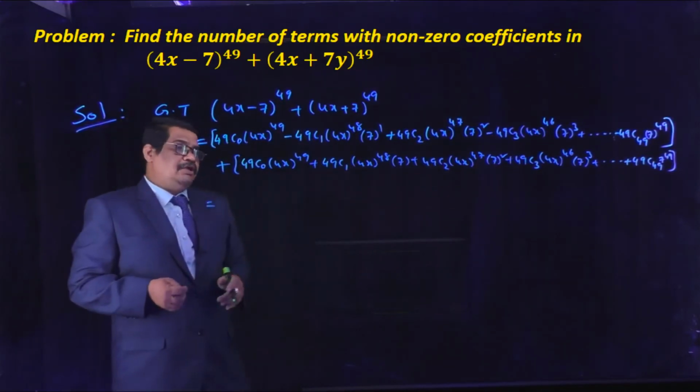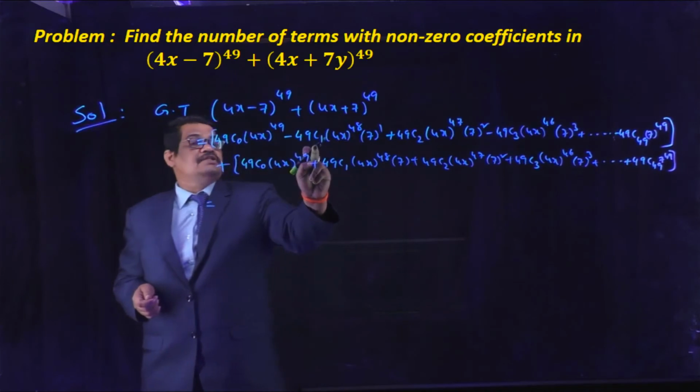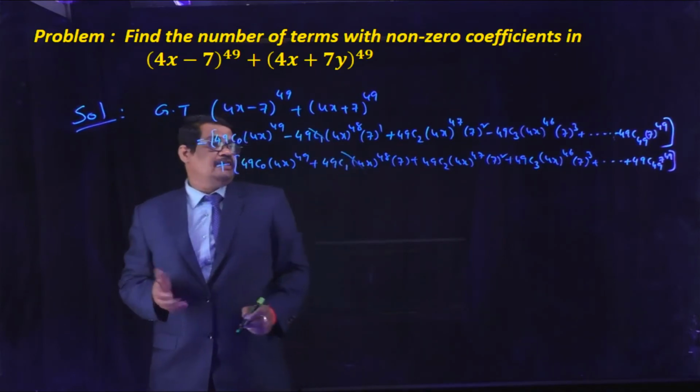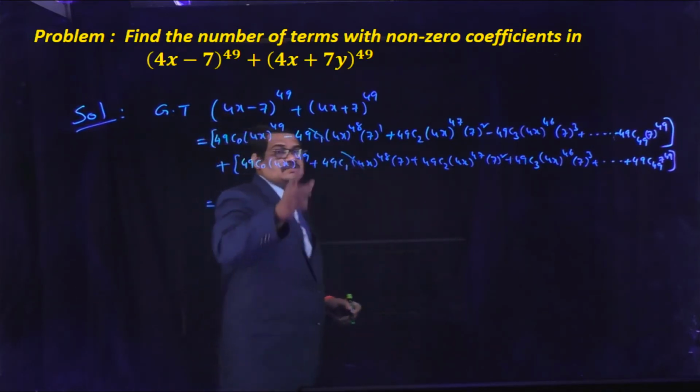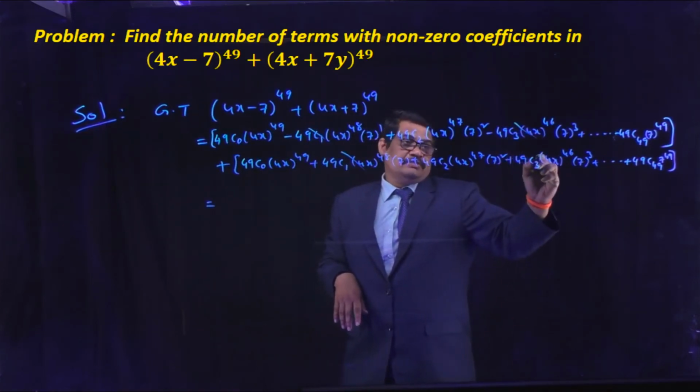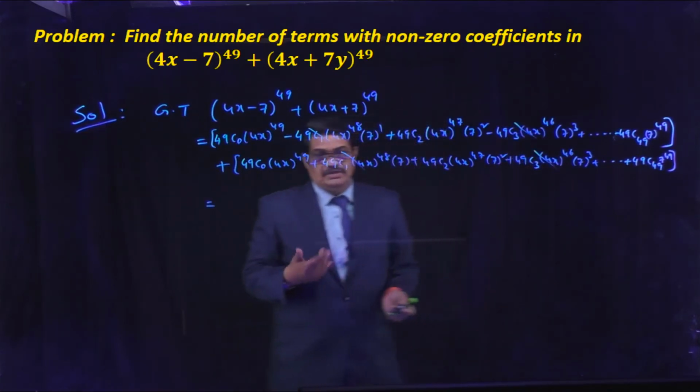Here the term minus 49C1 (4x) whole power 48 into 7: one has value plus and another is minus, so these two terms are cancelled. Similarly 49C3 with minus and 49C3 with plus is cancelled.